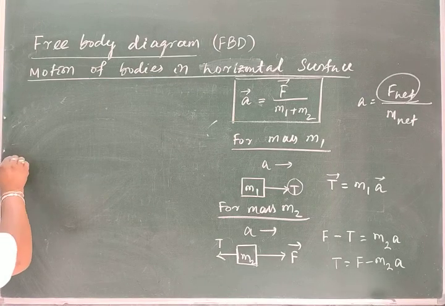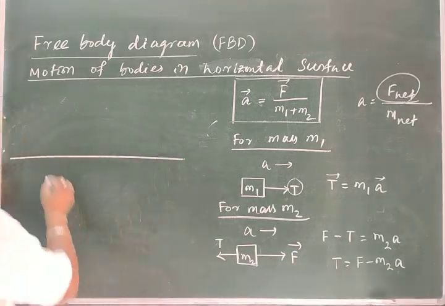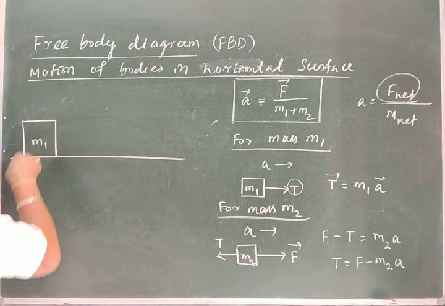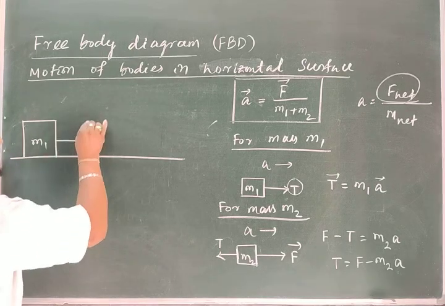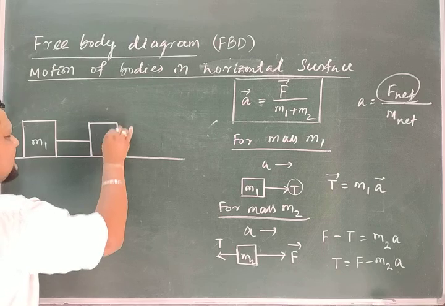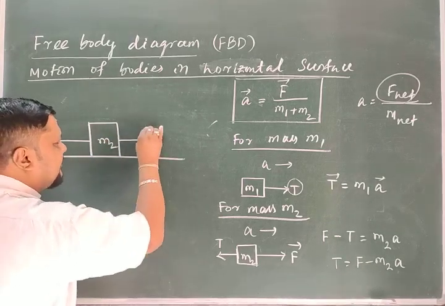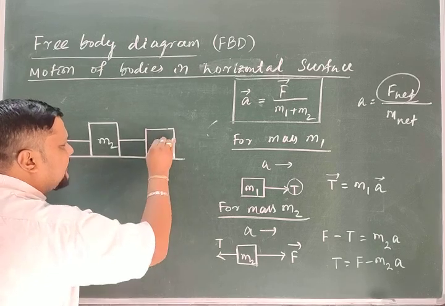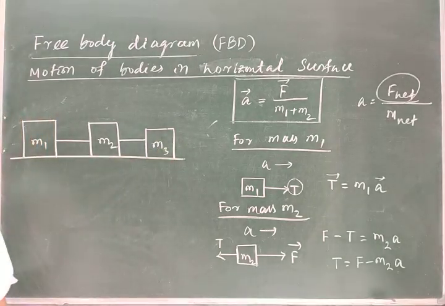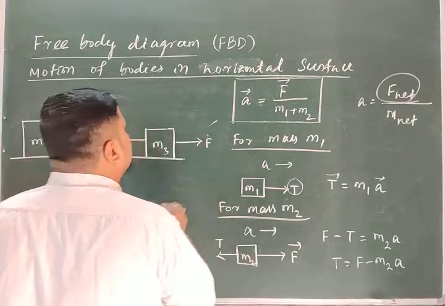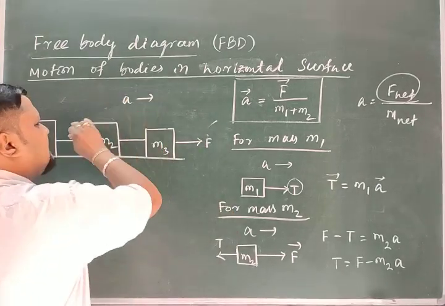If there are three bodies like this, mass m1 connected by a string to another body of mass m2, which is connected to another body, and the force is applied along this direction, and this gives the acceleration along this.